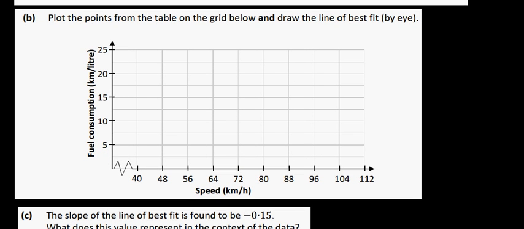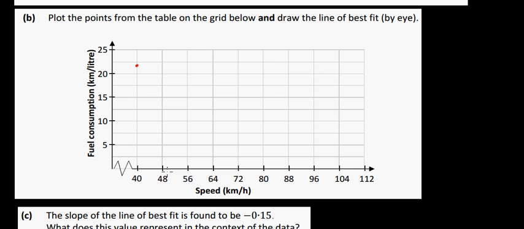So I'm going to try to do this as accurately as I can. 40 is 21, so 40 here will be 21. Between 20 and 25 is 22 and a half, so 21 is just slightly below that. So 40 is somewhere around here.